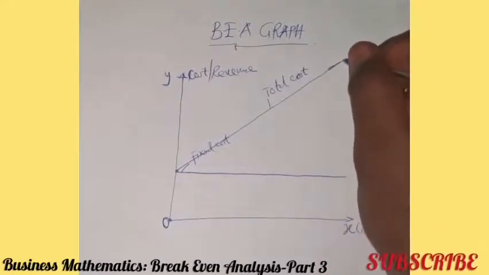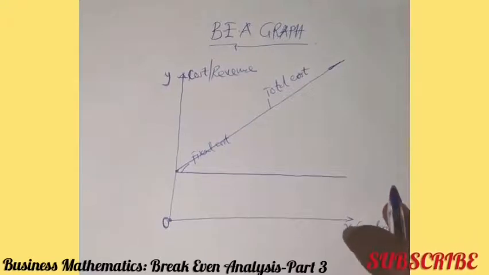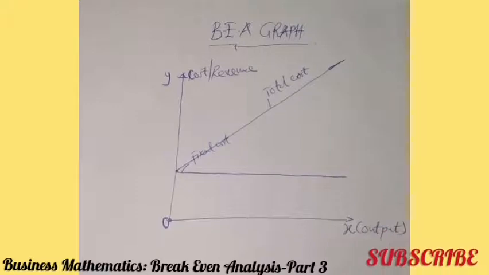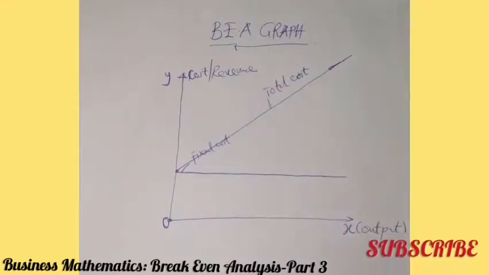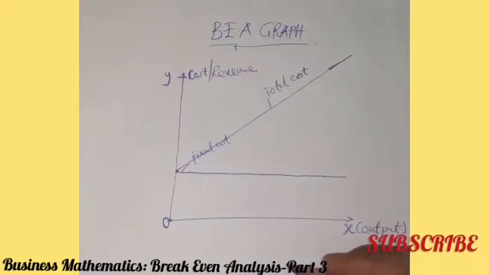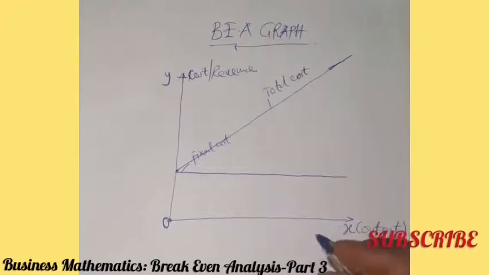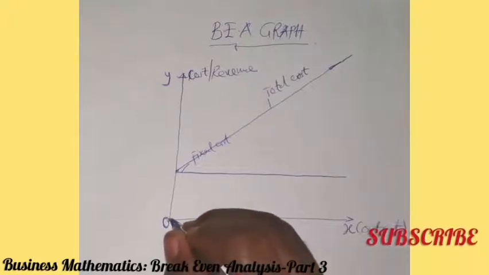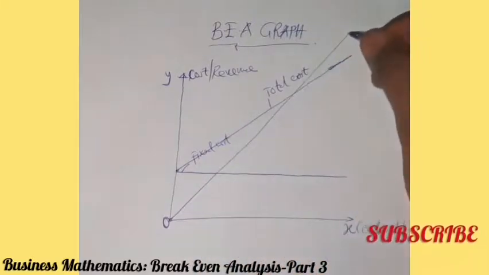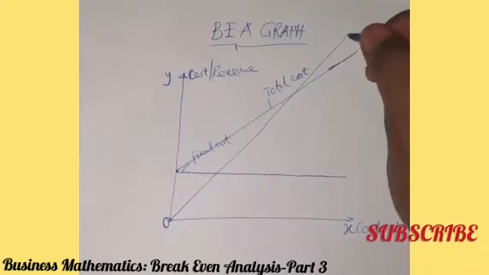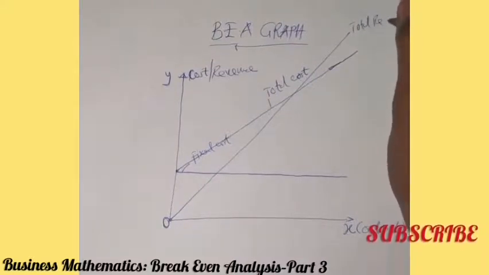So total cost always starts from where the fixed cost line touches your cost or revenue line. Then after getting your total cost, you need to break even, right? So you're going to get our total revenue. Total revenue is also a line that starts from the origin, from this side, then it cuts across, moving in this form. So here is also your total revenue.